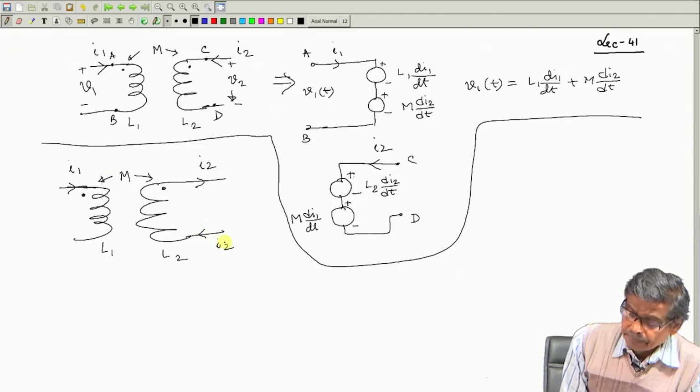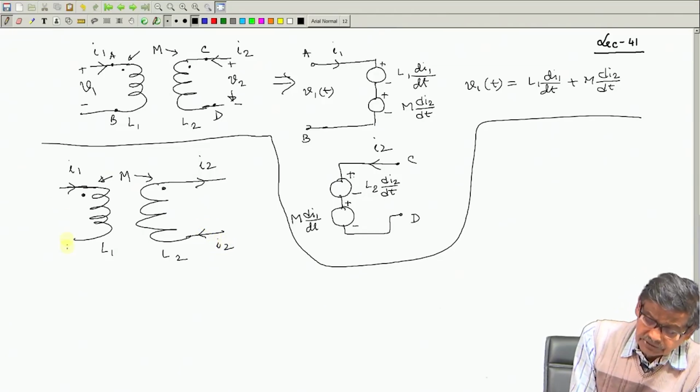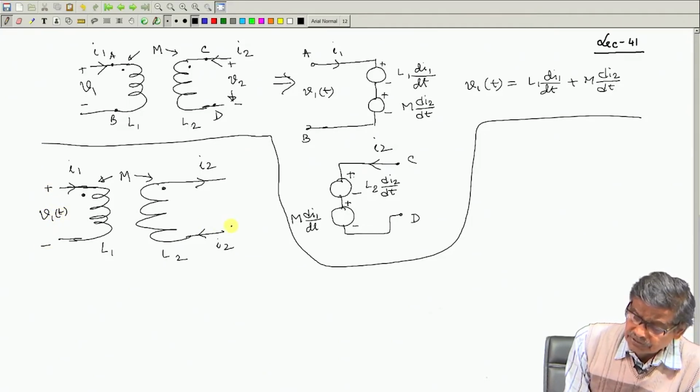And suppose the voltage here is shown to be V1(t), and the voltage here V2(t).